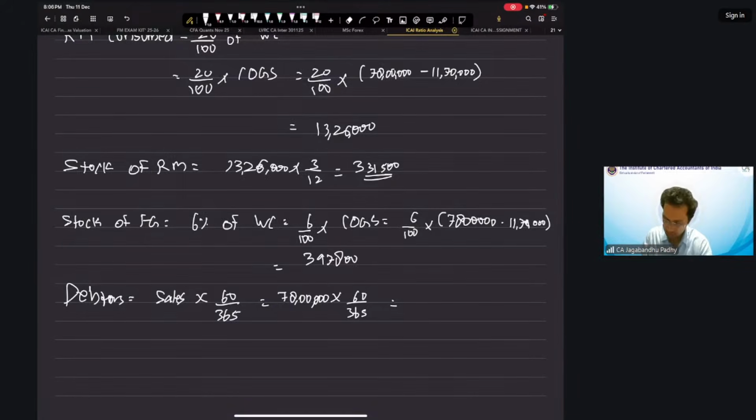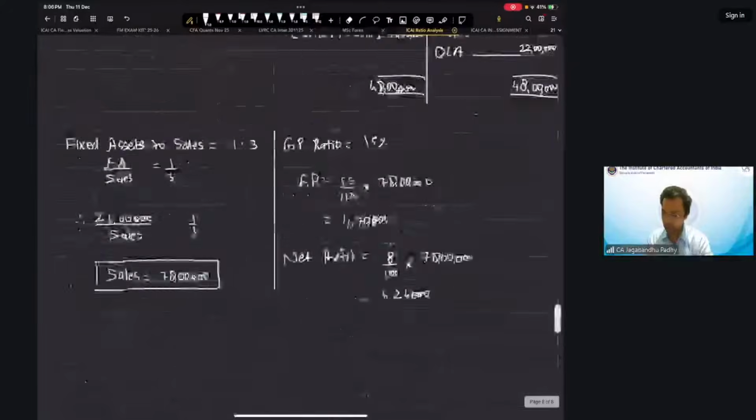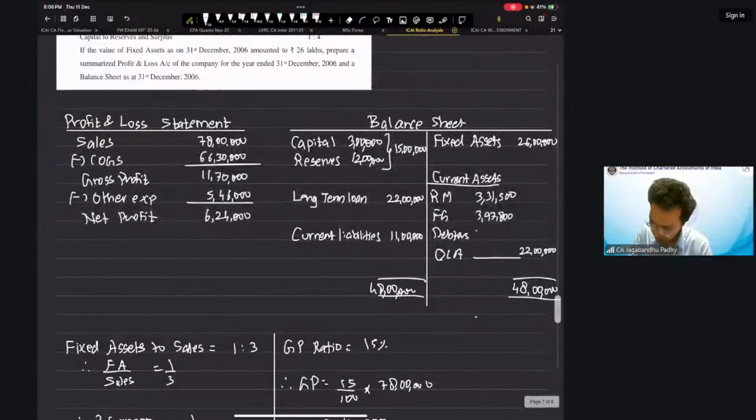So 12,82,192. So debtors is 12,82,192. So of course we are left with the balancing figure, other current assets, or maybe the cash and bank balance.